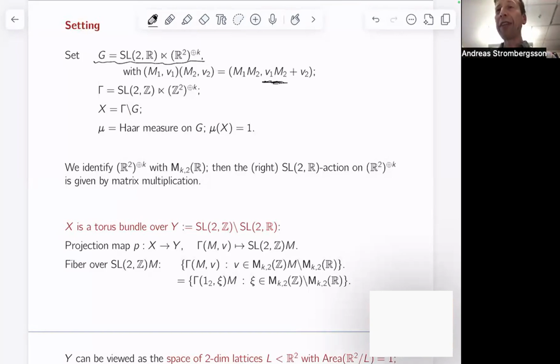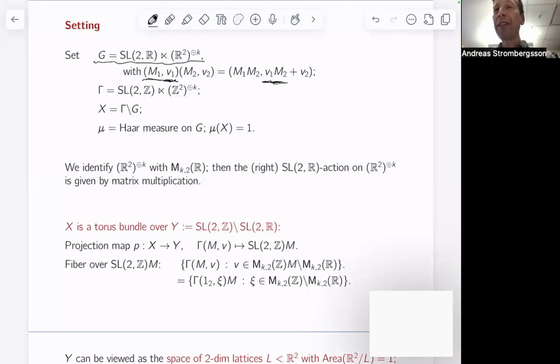But now we are considering K copies of R2. So the elements in G are written as pairs, where the first entry is a matrix in SL2R, and the second entry is a vector in R to the 2K.